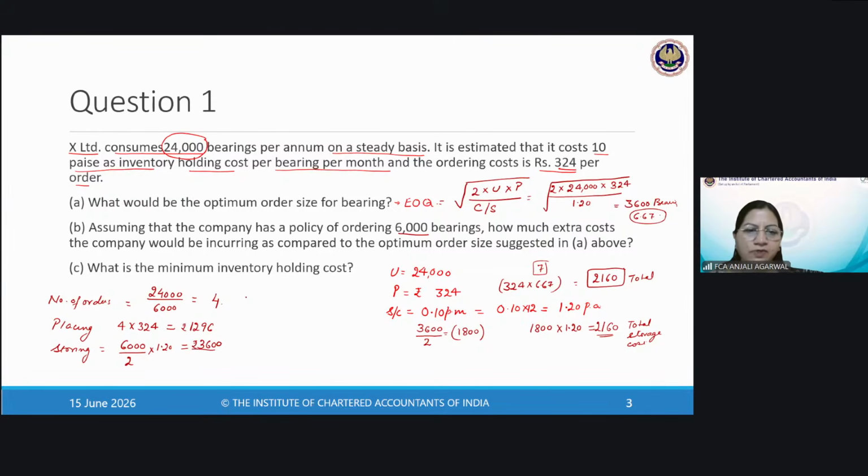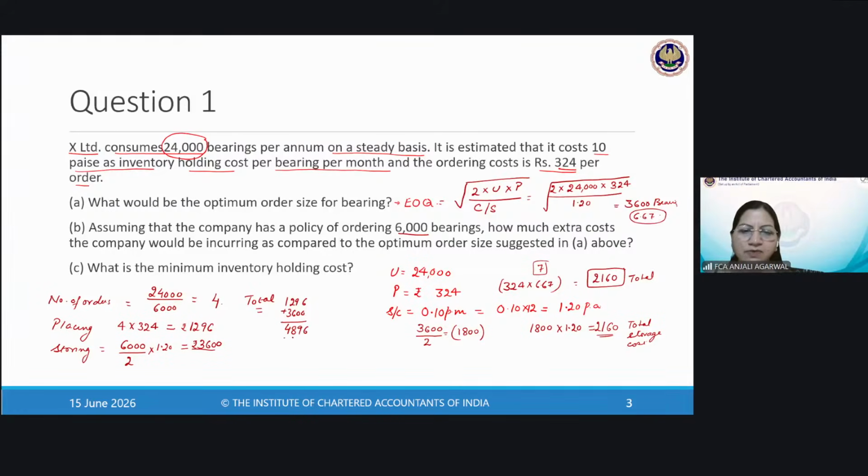So what will be your total cost? Total cost would be 1,296 plus 3,600. Total cost in the sense we are talking about the total relevant cost here. We are not talking about the material cost, because whether you buy 6,000 units at a time or 3,600 units at a time, the raw material cost for the 24,000 bearings will remain the same.